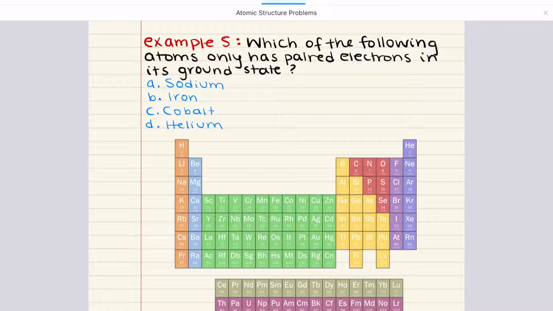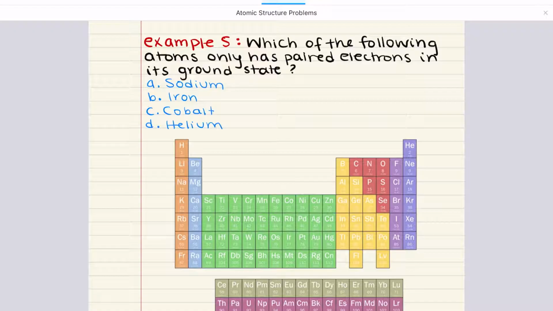Aufbau's principle says electrons fill orbitals starting from the lowest energy level. Pauli exclusion principle says no 2 electrons in an atom can have the same set of 4 quantum numbers, and so that means each orbital can hold a maximum of 2 electrons with opposite spins.